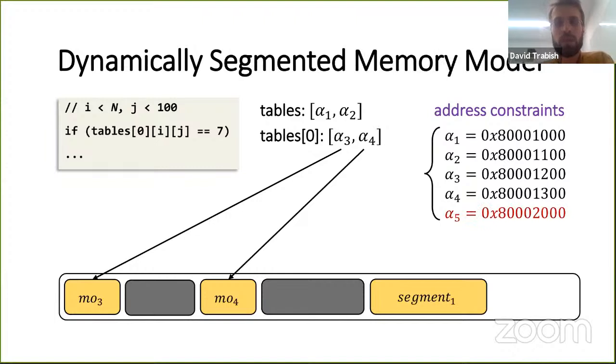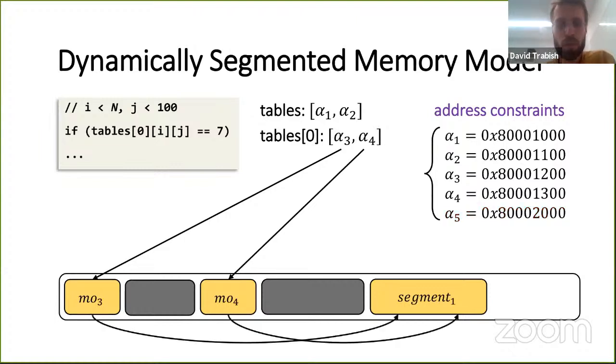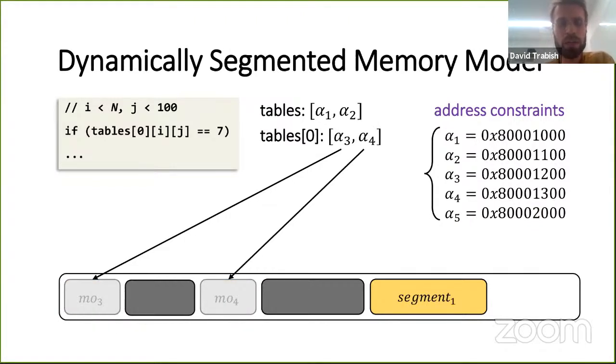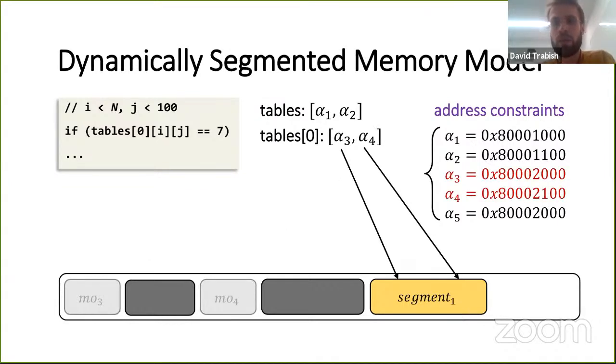We create a new segment and also add a new address constraint for the new segment. We copy the contents of the two objects to the new segment. We deallocate the original two objects, and finally we update our address constraints on alpha3 and alpha4. So now both alpha3 and alpha4 are constrained to locations inside the new segment.